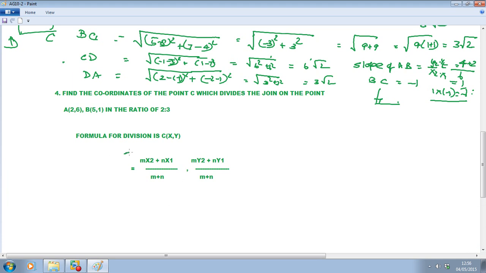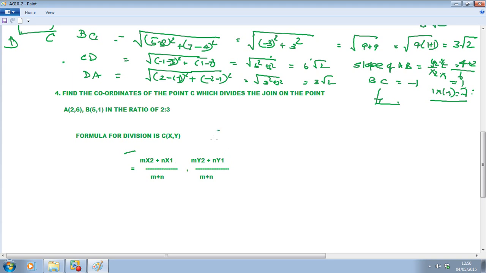So in this question we have to find the point C which divides the line AB in the ratio of 2:3.